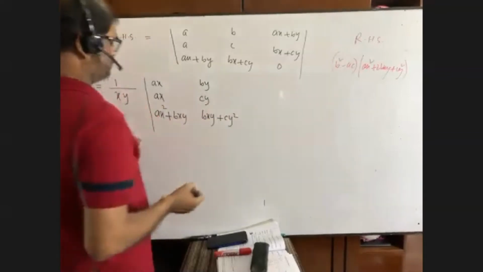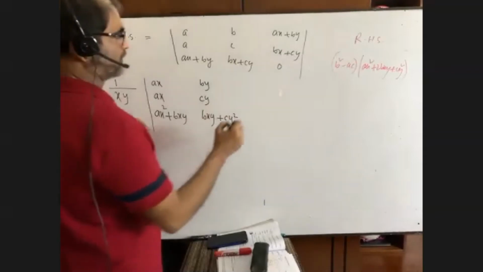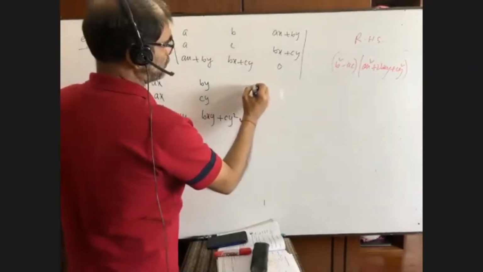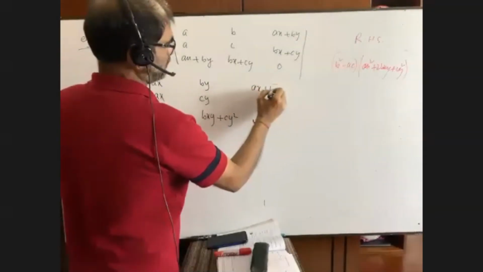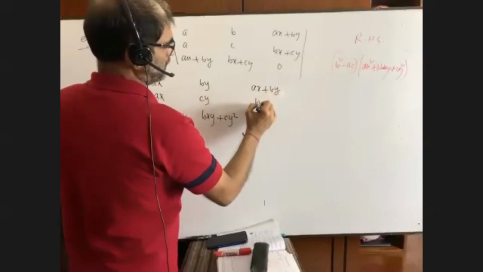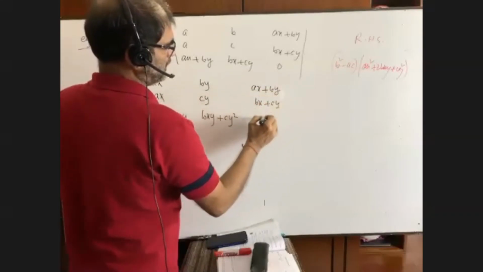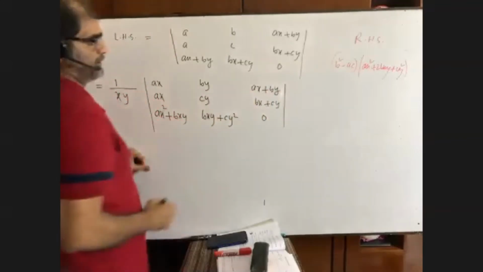Don't follow the book for this math, then in the exam you cannot do it. ax plus by, bx plus cy equals to, okay.